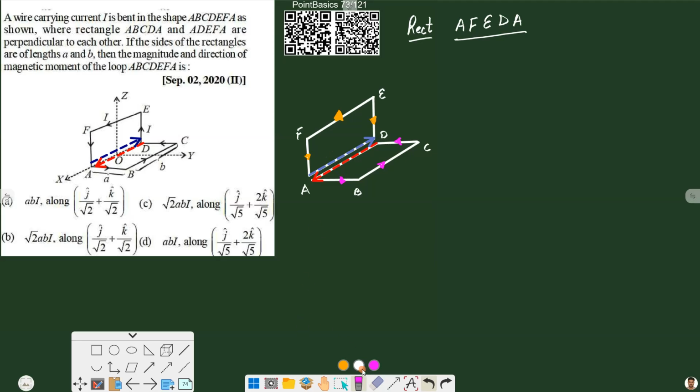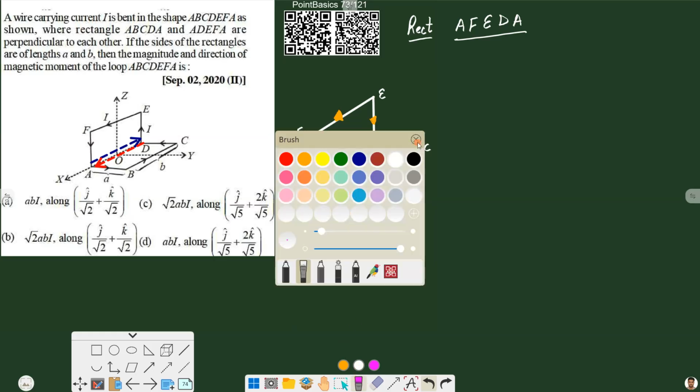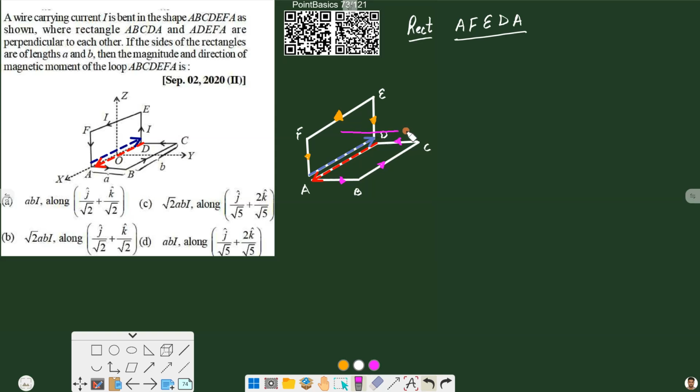So the magnetic moment of this upper loop will be in the positive x direction, and the magnetic moment for this lower loop A B C D A will be in the upward direction.